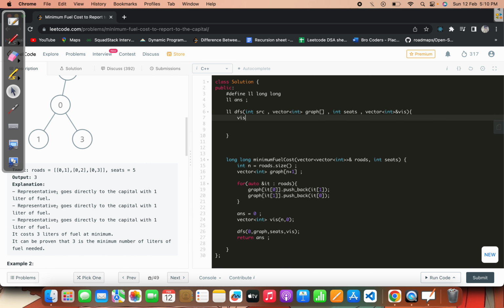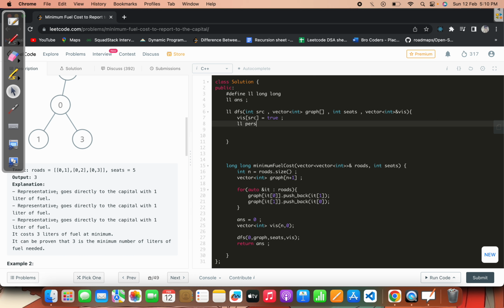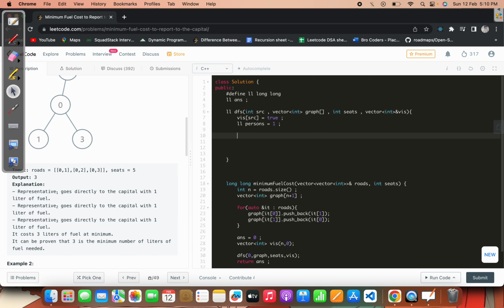We will mark the current node as true, and we will take the total number of persons up to this point as 1, and then we will see his neighbors, we will visit his neighbors, which means that we will go in the depth of that branch, and while we are traversing the depth of the branch, while we are backtracking, our number of persons will be incrementing.